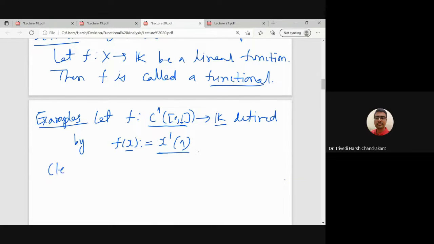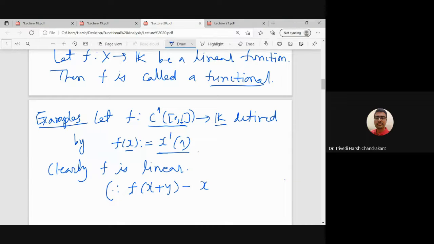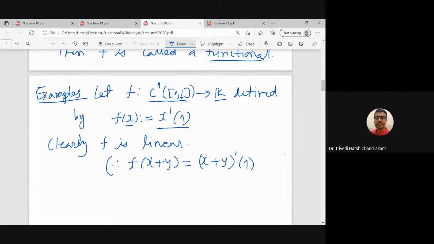So clearly f is linear, because if you take f(x plus y), where x and y are two continuous functions, then by definition it is the derivative of x plus y evaluated at 1. And then we know from the derivative rule that (x plus y) dash is x dash plus y dash, evaluated at 1.